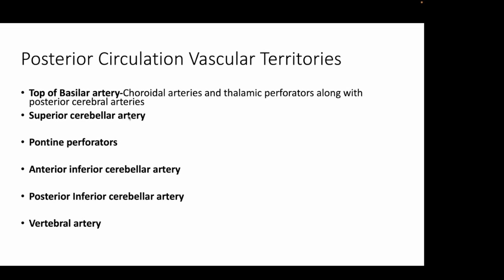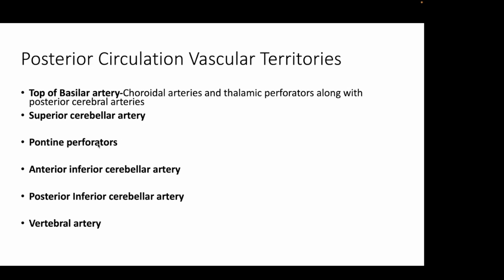The superior cerebellar artery territory is the upper side of the cerebellum. Think of it as if you have your hands on the top and bottom of an apple, not side to side, top and bottom. That's how you think about the superior cerebellar artery: the upper hand goes over the top of the cerebellar hemispheres and stops somewhere around the horizontal fissure.